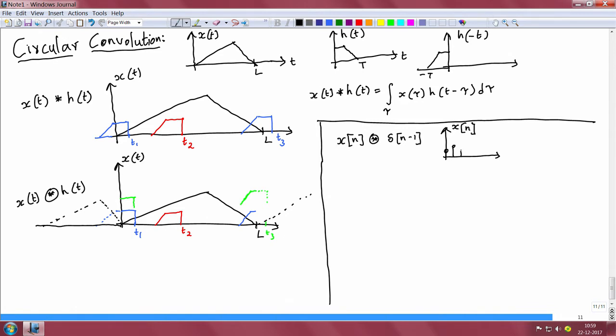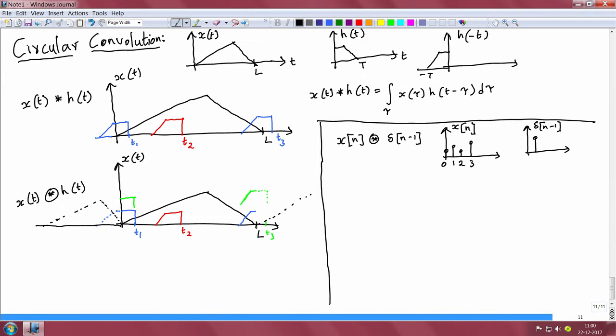This is a discrete time signal and we have delta of n minus 1. So, what happens here is when we multiply these two signals, at time shifts, here we have time shift 0, 1, 2, 3.